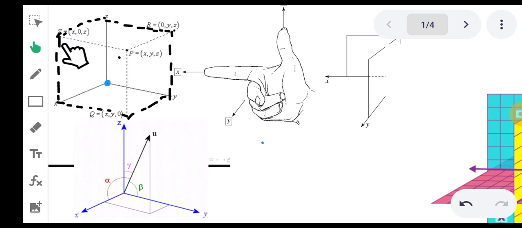Let's say I'm here and I want to come here. Starting from here, one may decide to go on the z-axis, then go on the y-axis, and go on the x-axis. We are going to get x, and there is no direction on the y-axis, so the y-axis will be 0.